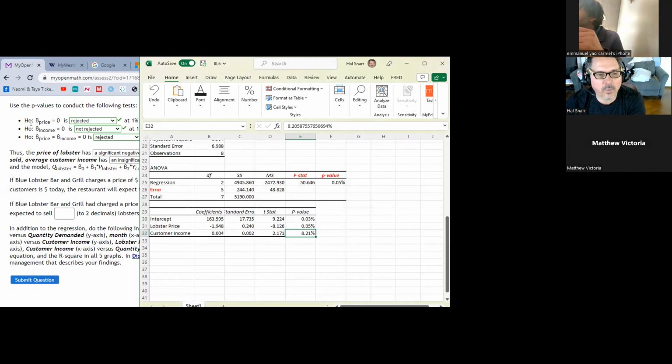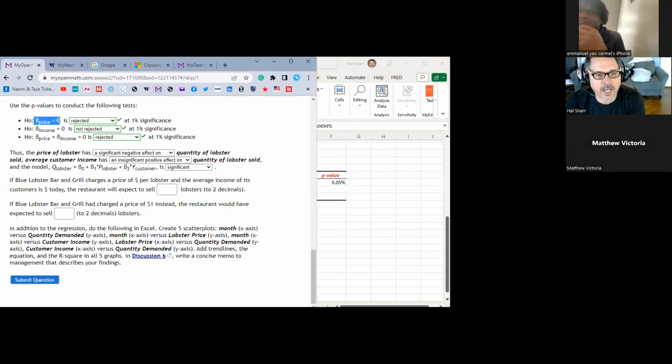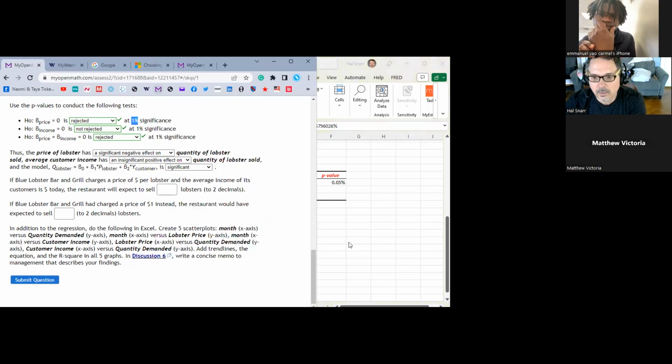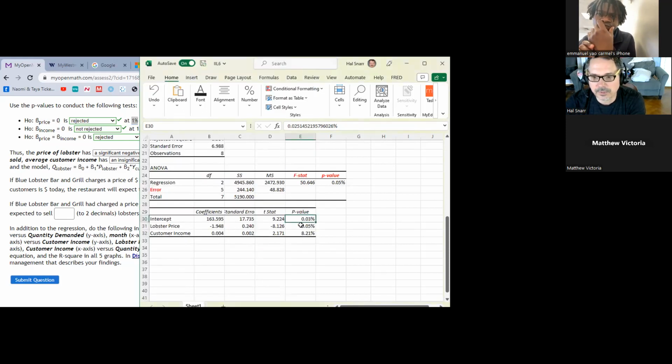I ended up rejecting this hypothesis because the p-value in percentages is smaller than my significance level, which means the coefficient is... Now I'm all messed up. All right. Redo. Take two.